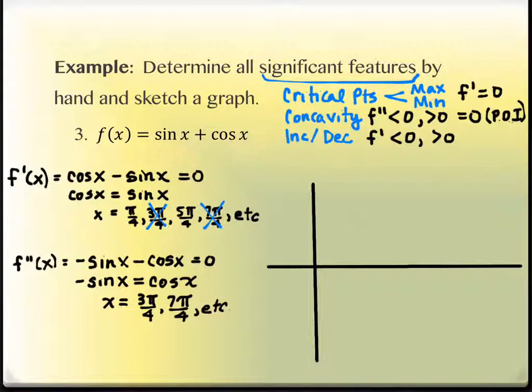That seems quite reasonable. We know that we have potential critical points at these pi over 4 values, so I probably need to have them present on my graph. Right now this is halfway between, which is pi, and then I'm going to have to mark halfway in between these to get my pi over 4 values.